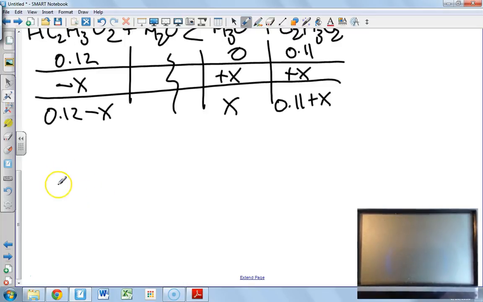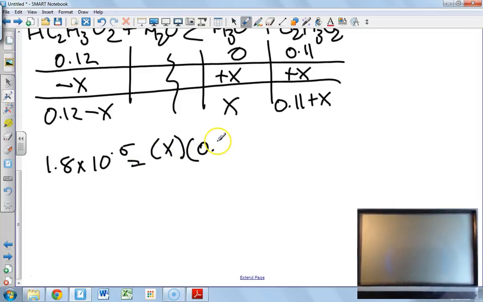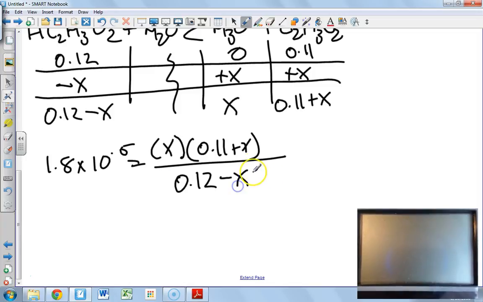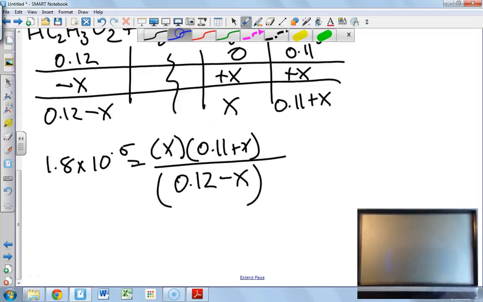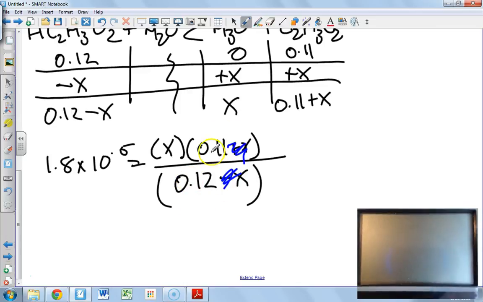Now we do the equilibrium expression. We plug it in: 1.8 times 10 to the minus 5 equals X times 0.11 plus X over 0.12 minus X. Okay, so now just like every other equilibrium problem, we get rid of these X terms, and notice that this ratio is slightly different.